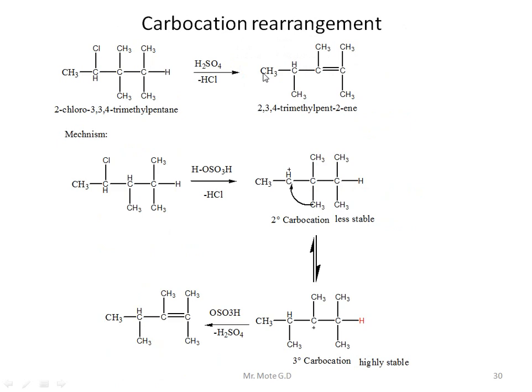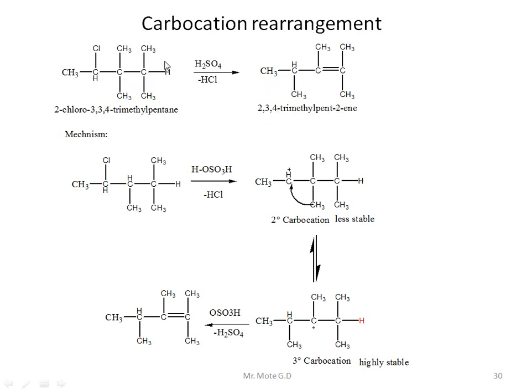Then carbocation rearrangement reaction. When we have taken the alkyl halide, suppose this is the alkyl halide, 2-chloro-3,3,4-trimethylpentane, then we have treated with H2SO4, and it will give 2,3,4-trimethylpentene.